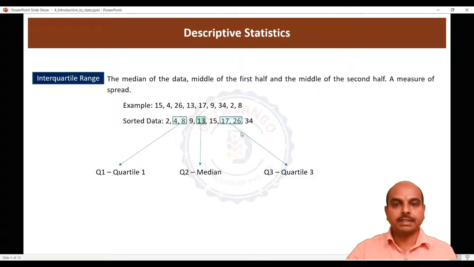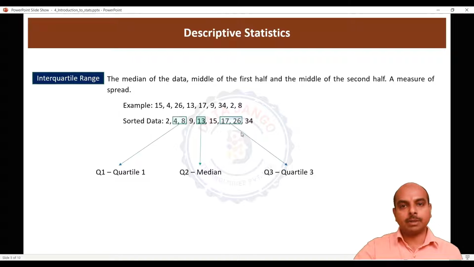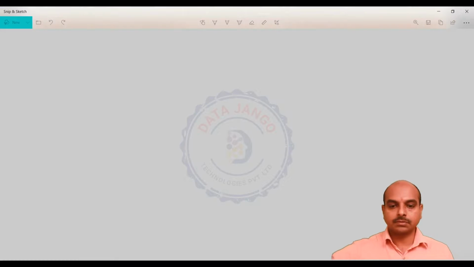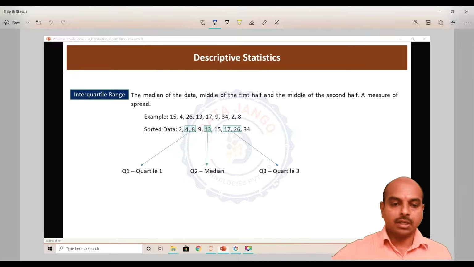In the first half and second half, we have got 4 numbers each. So we need to take the average of the middle pairs, 4 and 8, and 17 and 26, to get quartile 1 and quartile 3. Let us calculate quartile 1: 4 plus 8 divided by 2 is 12 by 2, which is 6.